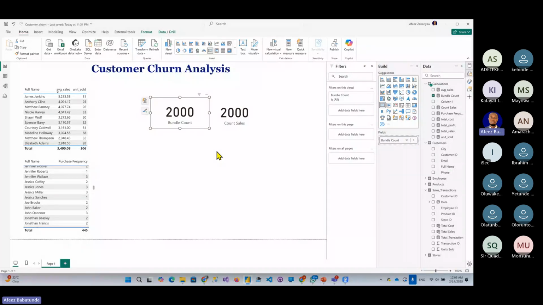So you don't need to do any bundle with this sample data, but have it in mind that in some cases you have to do basket analysis, like how do they buy combinations of products together.